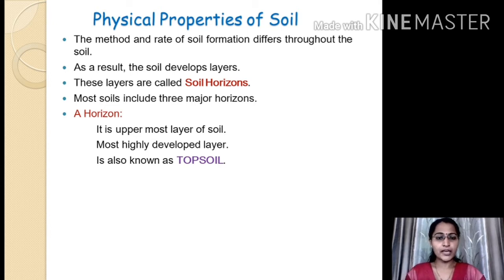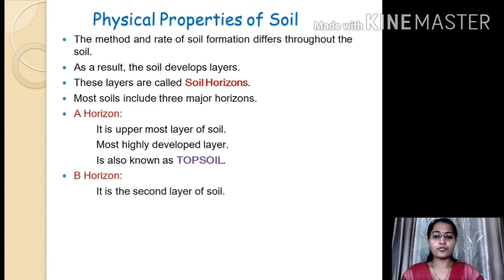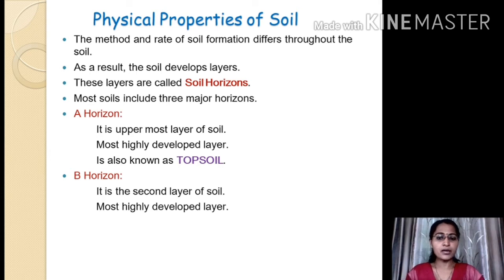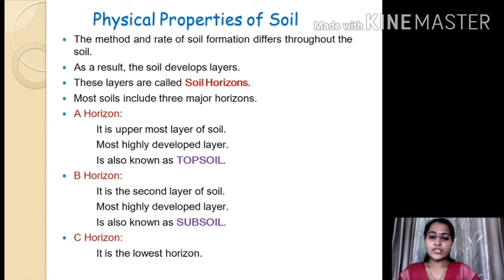Go for the second horizon, known as B horizon or horizon B. It is the second layer of soil. It is also a highly developed layer and is known as subsoil. Then we go for the third, C horizon. It is the lowest horizon.